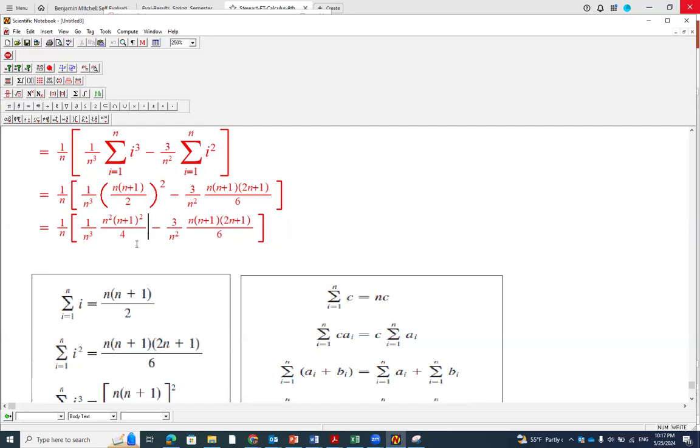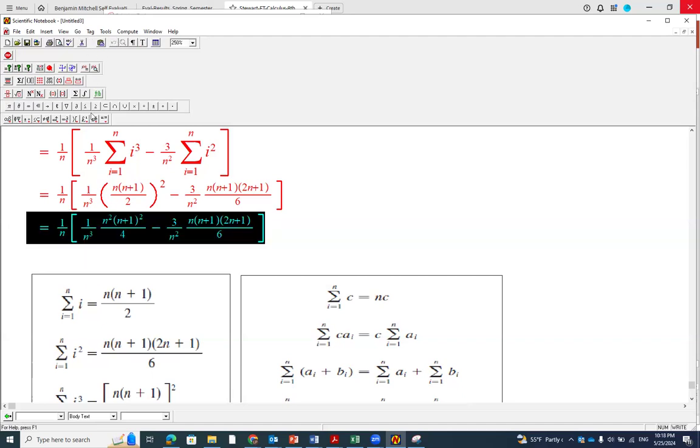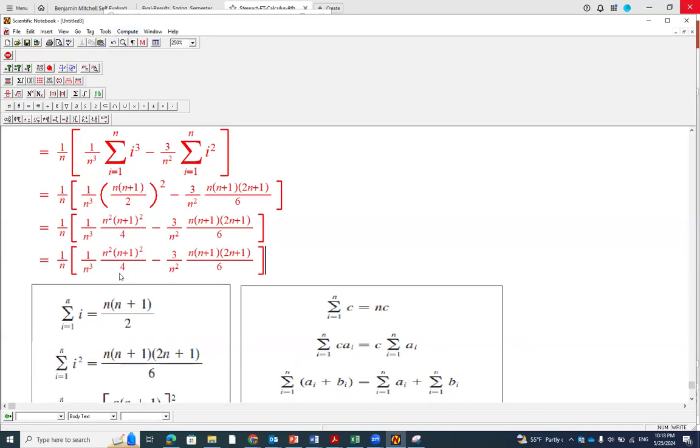We can remove the parentheses there. So let me write one more step. This n squared is going to take away the n squared in the bottom. We have only n left. This n is going to take one of the n in the bottom.